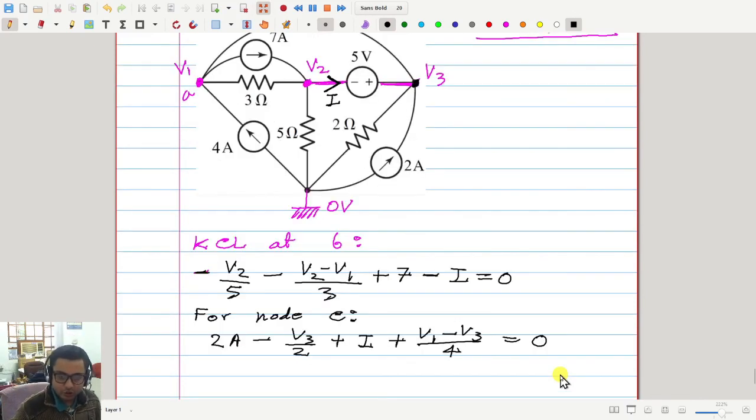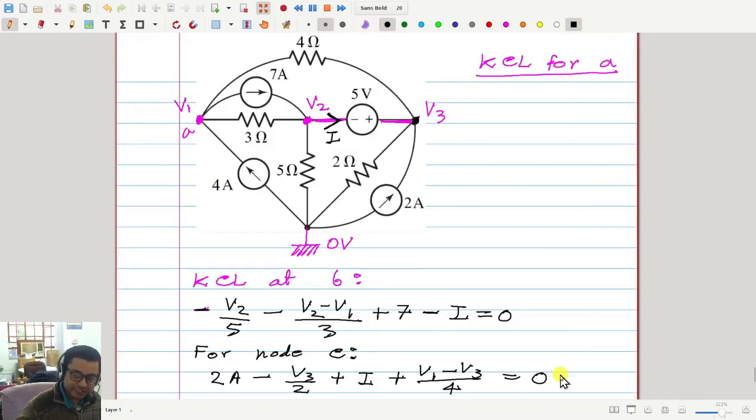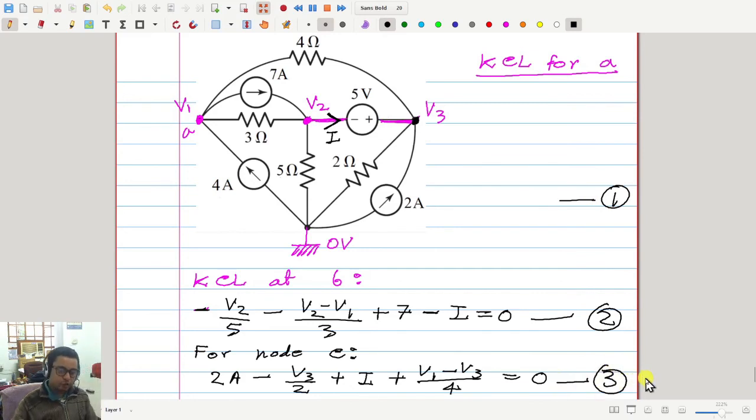Now one thing you see: from the KCL of node A, you will get one equation that you will do at home. Then here you are getting another equation 2. Here is another equation 3. But how many unknowns do we have? 4.